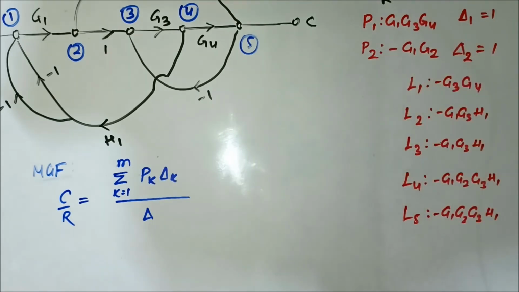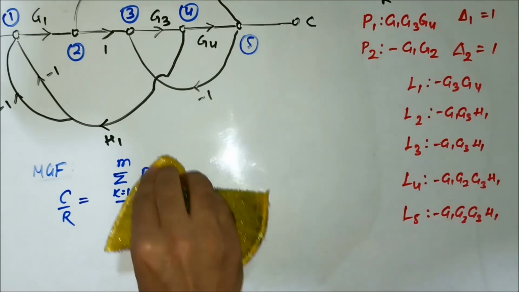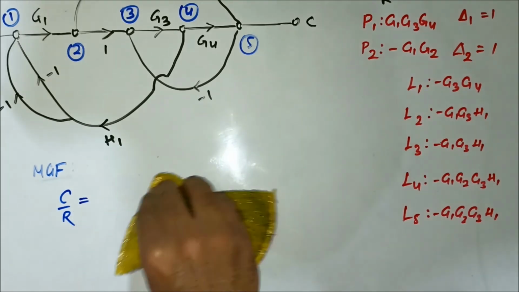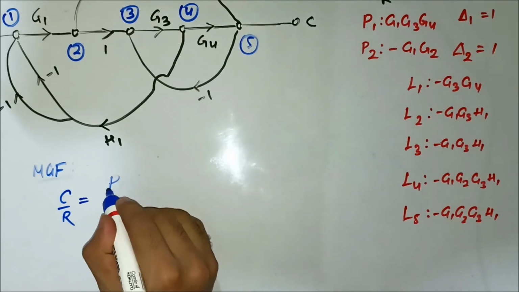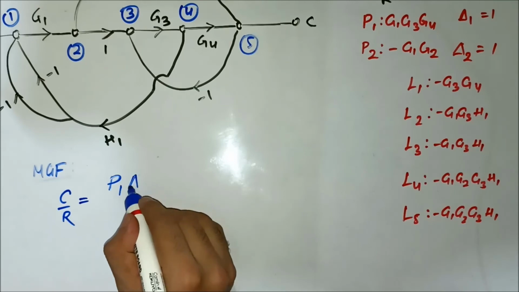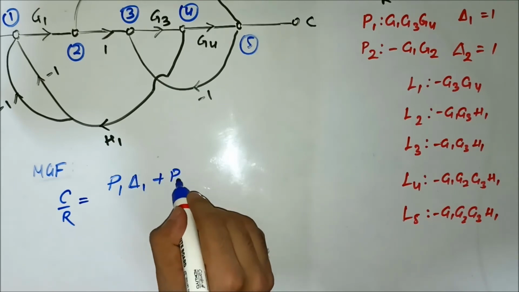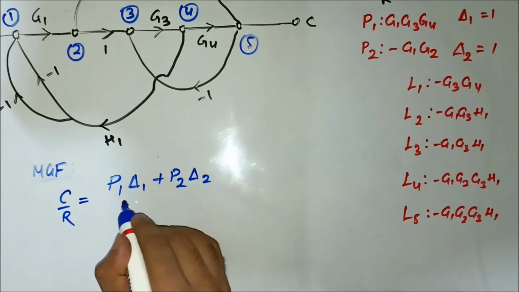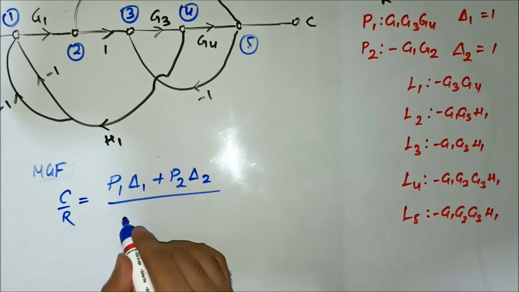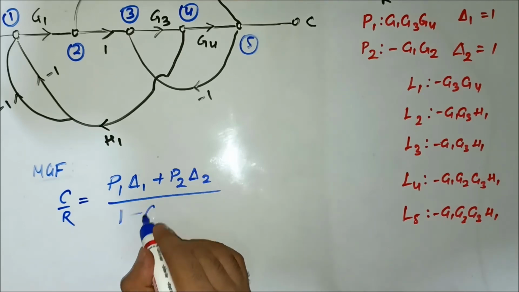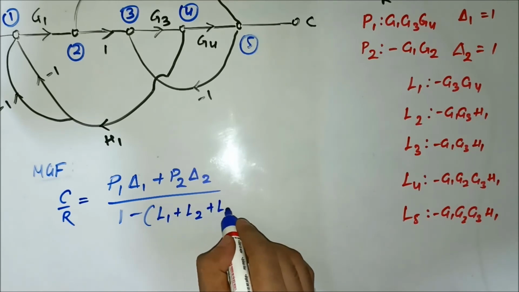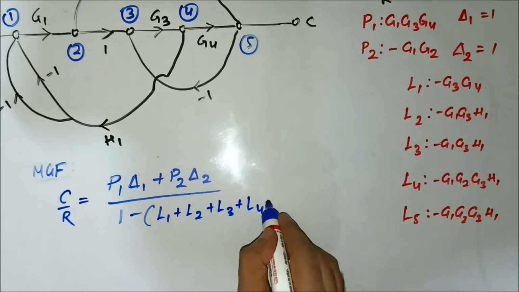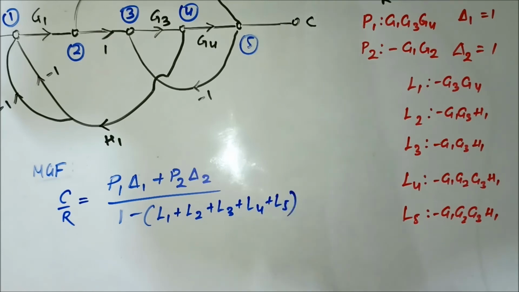So this whole equation will get modified as follows, with L1, L2, L3, L4, L5.